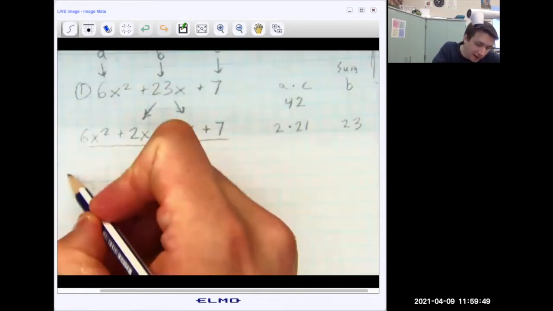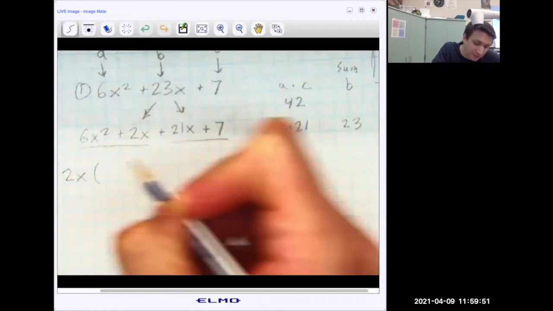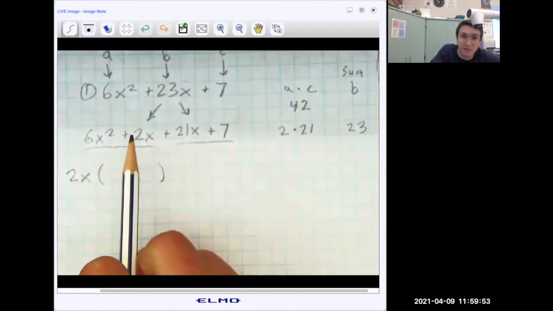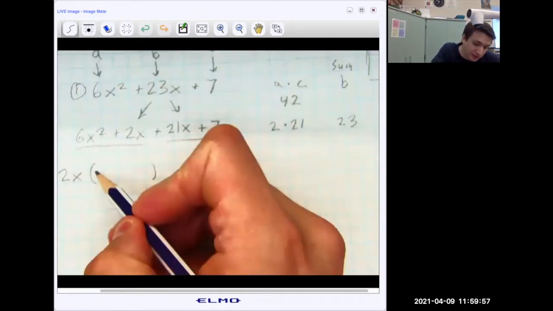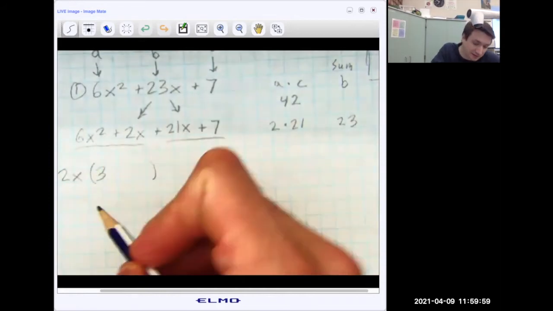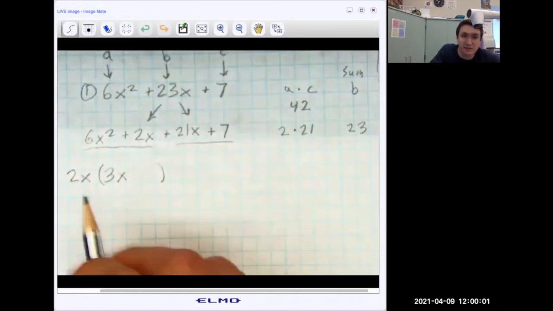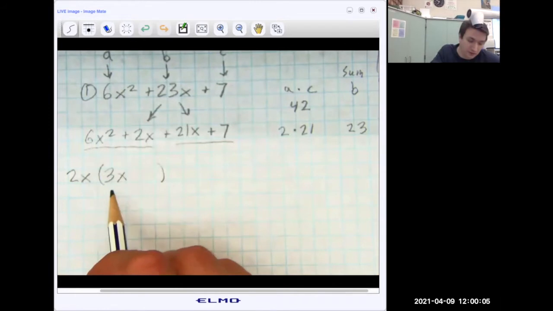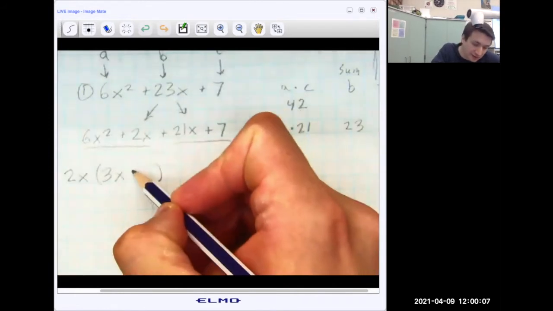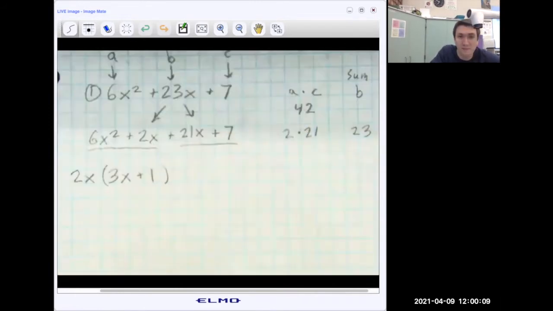So I'm going to divide out a 2x from both of these, and let me figure out what I would have left. If I divided 6 by 2, I'd have 3. And if I took out one of the x's, there must be one left. If I multiplied those, I'd get 6x squared, so I'd move right back where I was. Good. If I divide out 2x here, then what I'm left with is just a 1.